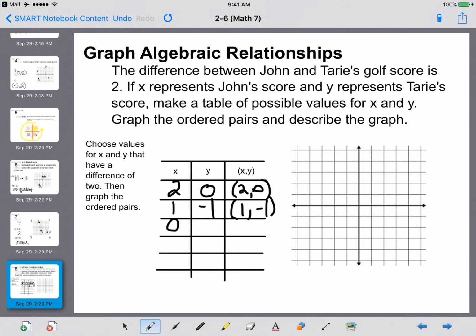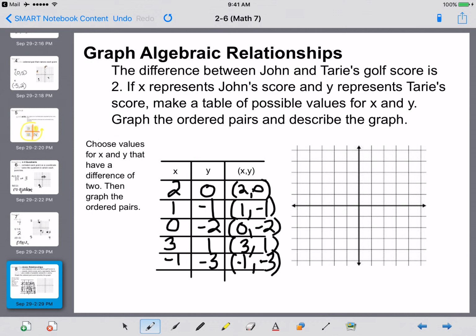If John has 0, Terry has negative 2, because difference means subtract. 0, negative 2. John has 3, Terry has 1. 3, 1. If John has negative 1, Terry's got negative 3. Negative 1, negative 3.